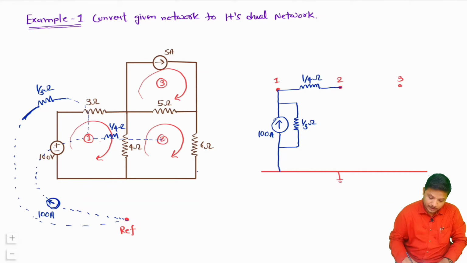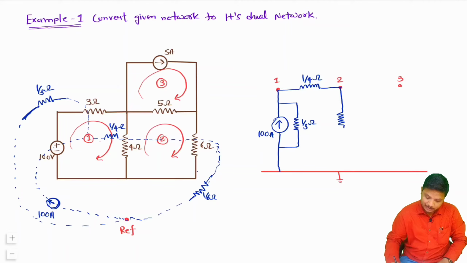Now if you see this resistance 6, that is from node 2 to reference, right? So now I am connecting this resistance from node 2 to reference, and it will be transconductance over here, with value 1 by 6 ohm.